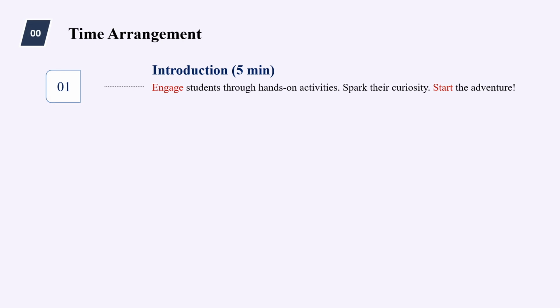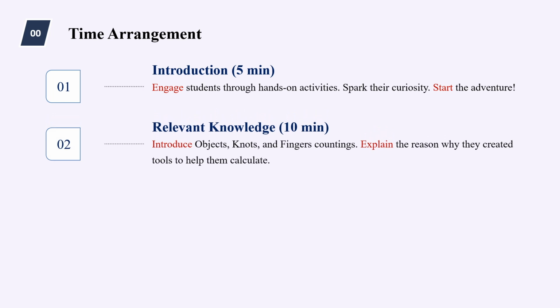We start with a 5-minute engaging introduction to get students involved through hands-on activities. Next, we discuss why ancient people created tools to help with calculation. Understanding the reason behind this invention helps students connect with the practical needs of our ancestors.